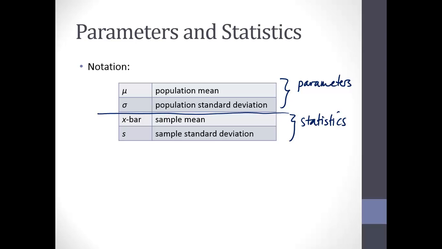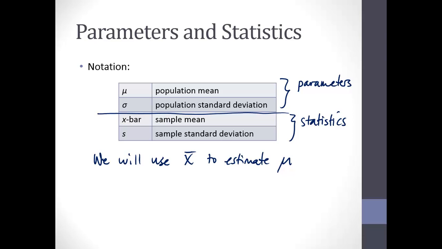And so again, kind of the natural idea here is we will use X bar to estimate mu. So again, the line right above the definition says we will use sample statistics to estimate population parameters. Kind of the natural idea.